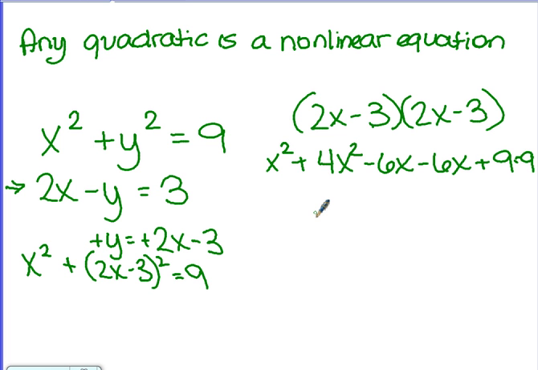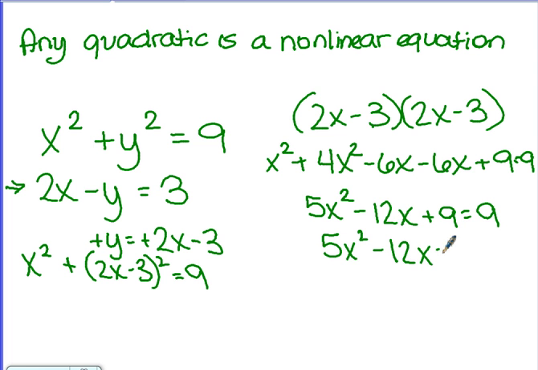Now we can combine like terms to solve. x squared plus 4x squared gives me 5x squared. Negative 6x minus 6x is negative 12x, plus 9 equals 9. If I subtract 9 from both sides, I get 5x squared minus 12x equals 0. You can solve this by factoring, or you can use the quadratic formula, or you can complete the square.